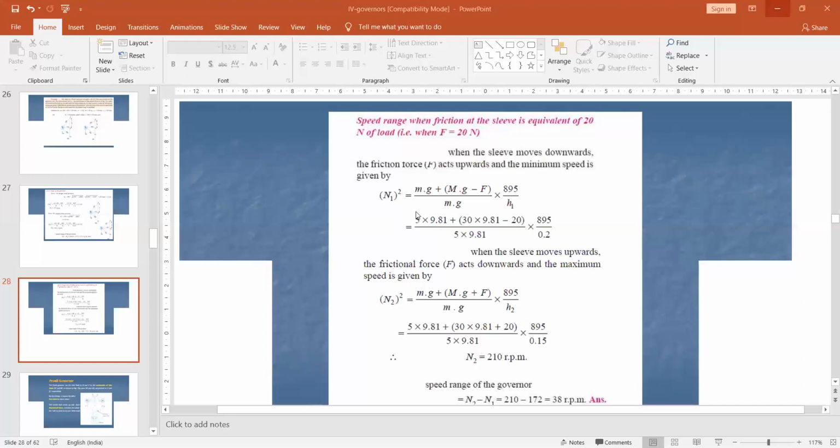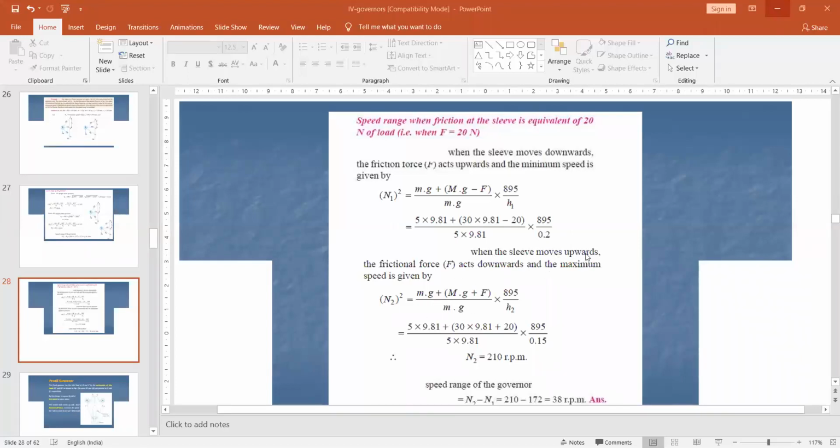Substituting: (5 into 9.81 plus 30 into 9.81 minus f) by (5 into 9.81) into 895 by 0.2. Since the sleeve moves downward, the frictional force acts upwards, so f is taken as negative: minus 20. That gives our N1.